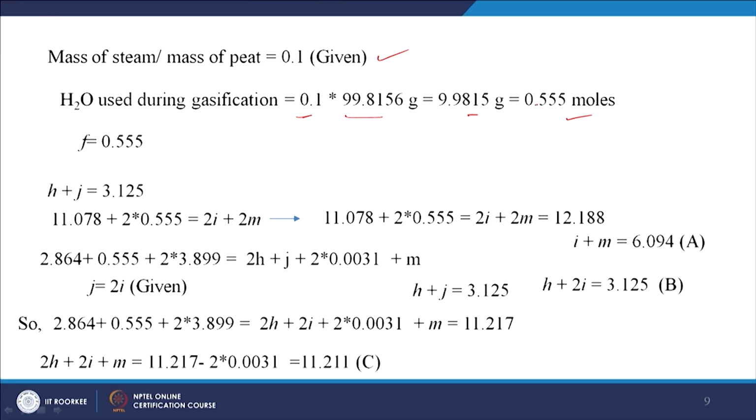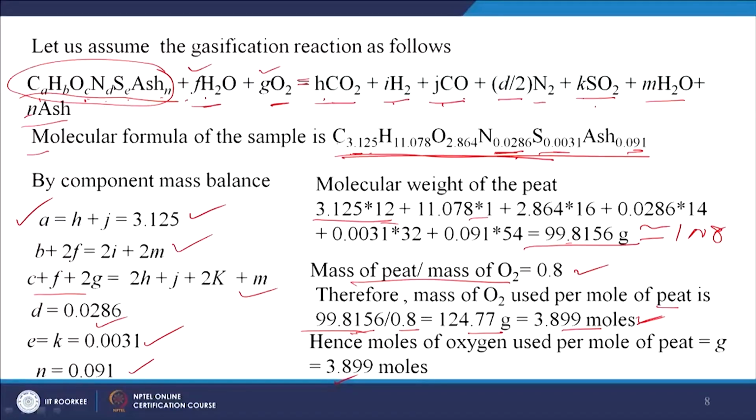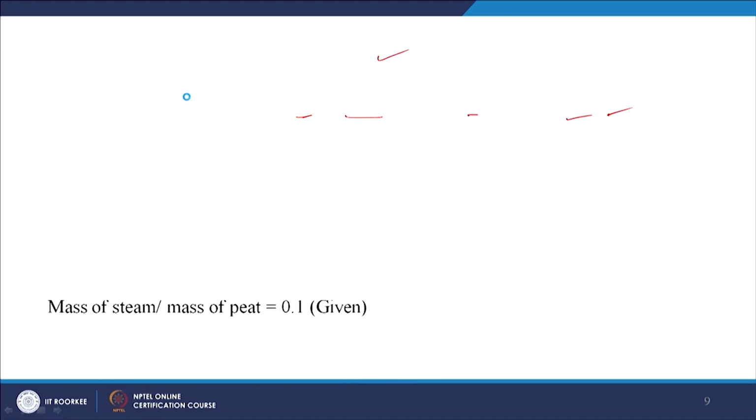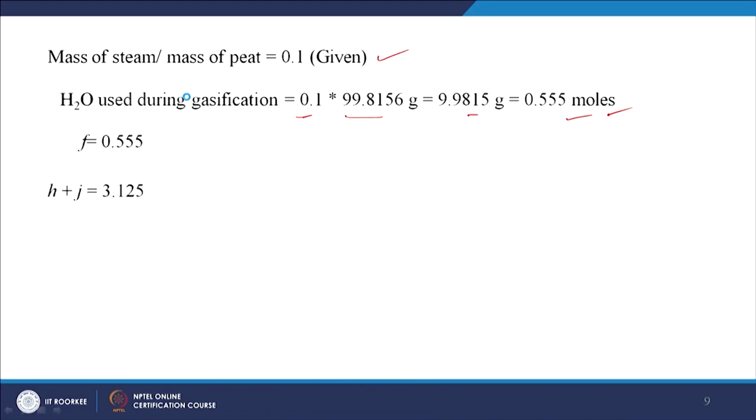So, it gives the gram to moles conversion. Then this steam was used for the reactions. We had an expression F there, and this F was used for the gasification. Now, we are able to get the value of F. The value of F is 0.555.